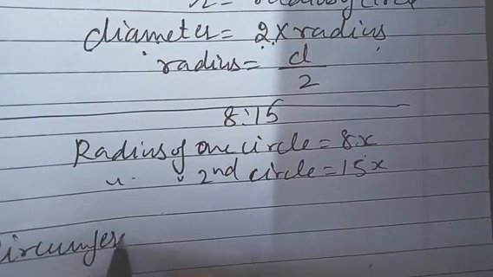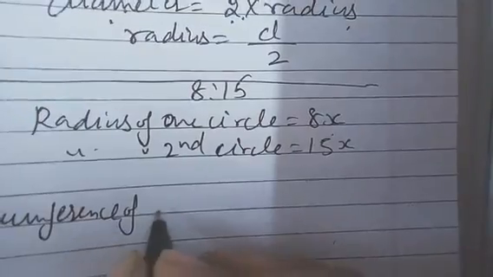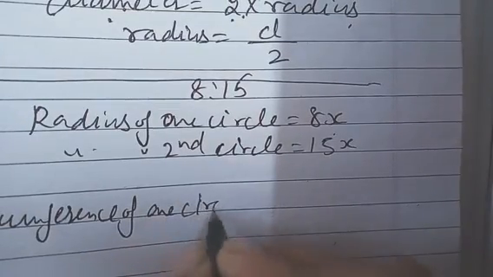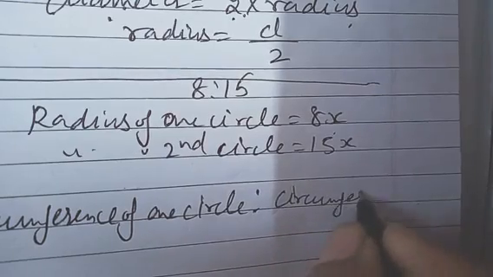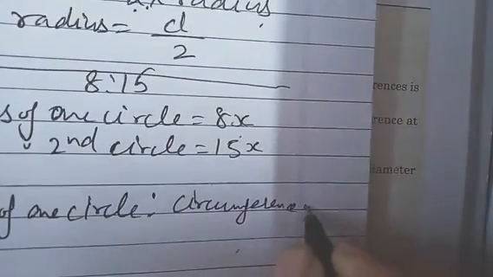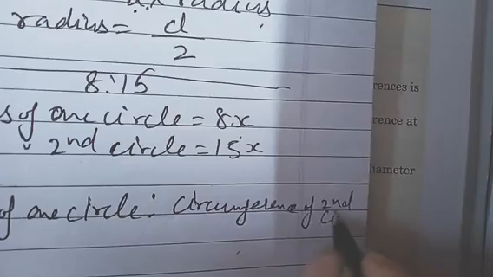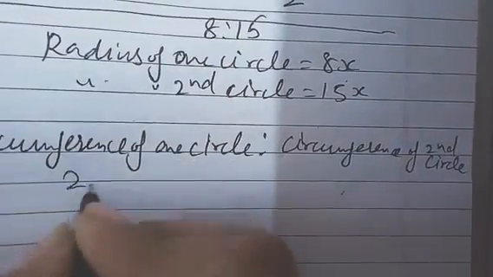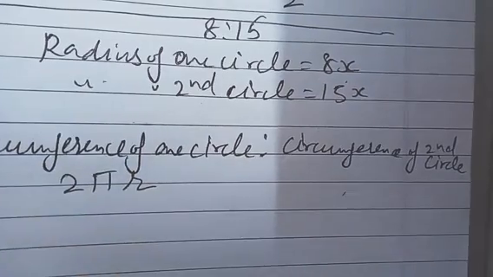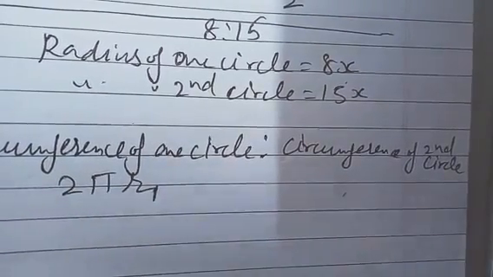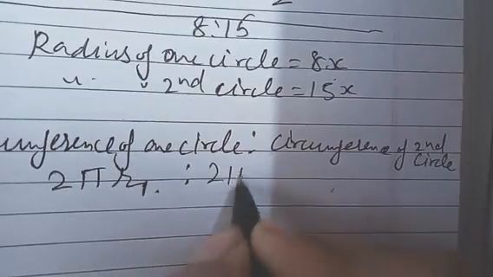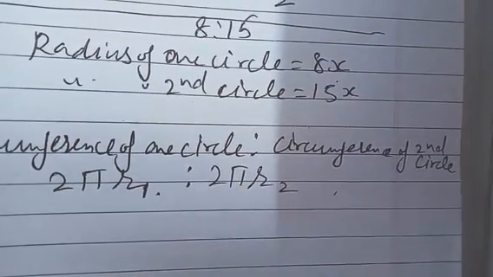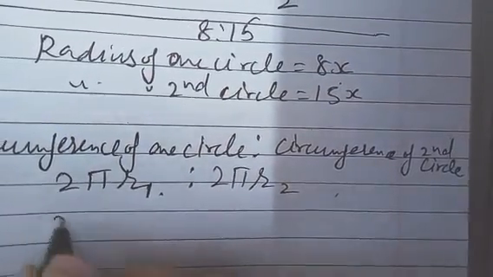You can write it this way: circumference of one circle ratio circumference of second circle. I told you the formula of circumference: 2 pi r. You can write 2 pi r1, this is the radius of one circle, ratio 2 pi r2, this is the radius of the second circle.